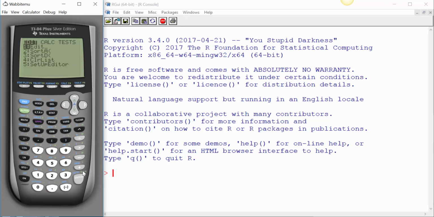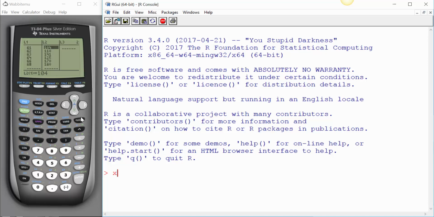Alright, so let me pull up my data. I don't need to worry about the working directory. We only have 6 numbers to type in for L1 and L2, so I'm just going to type it in by hand using the C command. I can do x equals, and then the C command, then just type in my numbers: 61, 62, 63, 64, 66, 68.